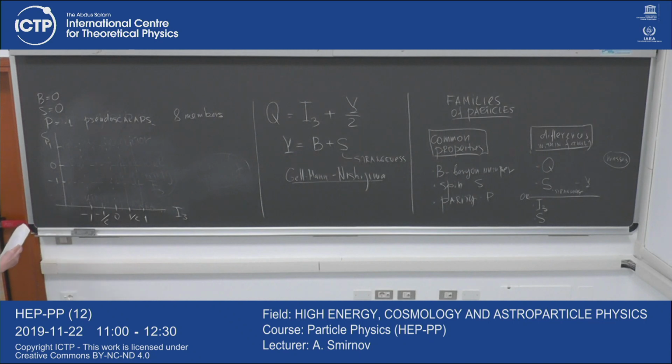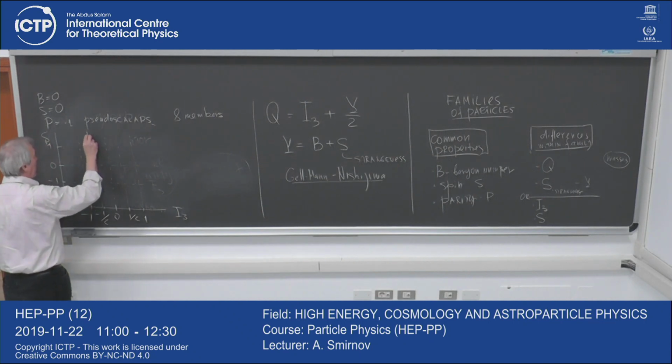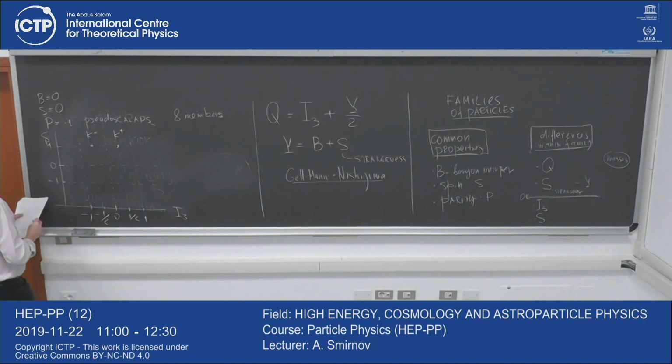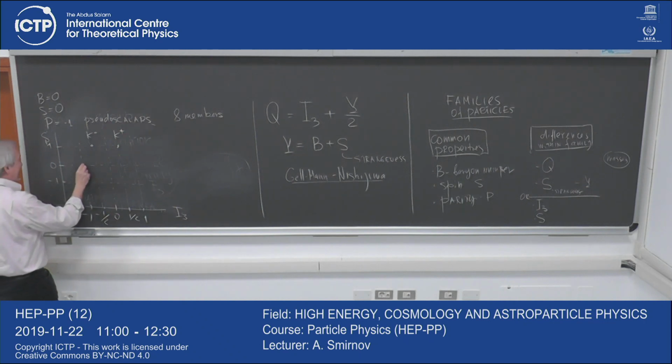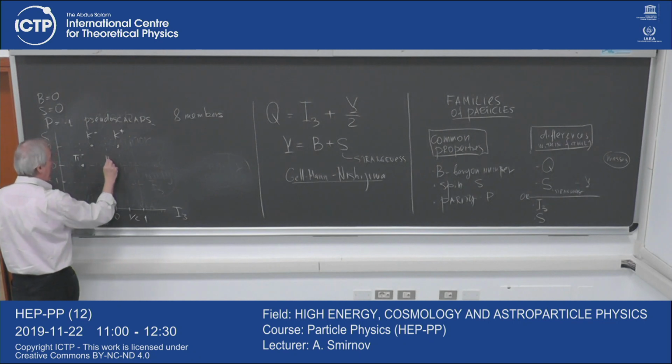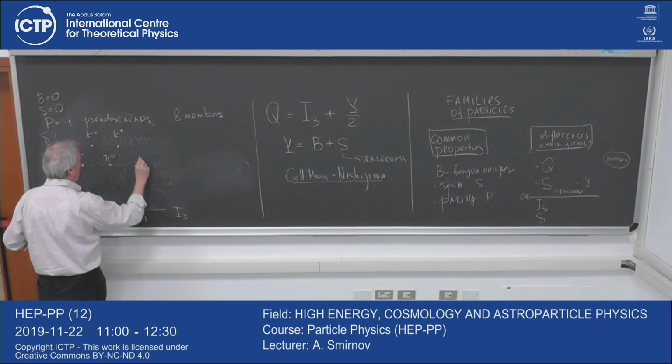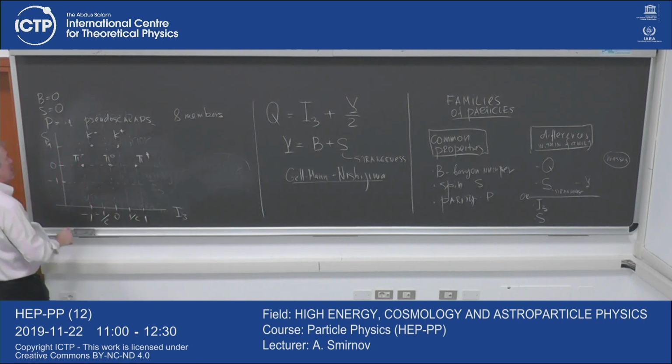So particles with strangeness 1 are K0 and K plus. Now strangeness 0 is pi minus, pi 0, and pi plus. So these two form an isospin doublet.